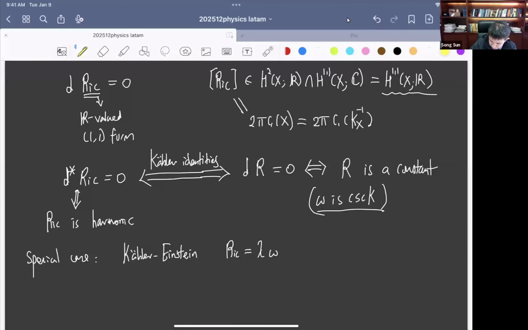This will imply the scalar curvature is constant, and then the Ricci form is also harmonic.